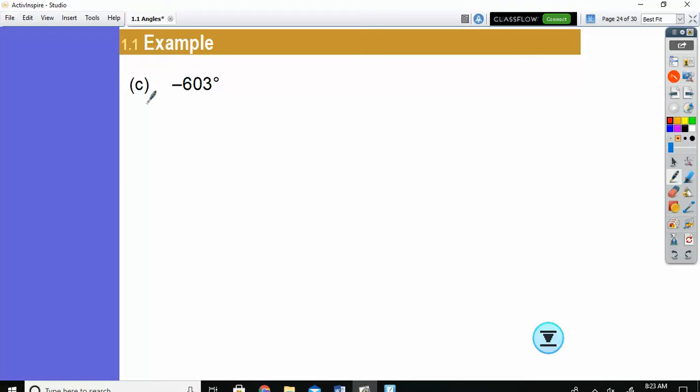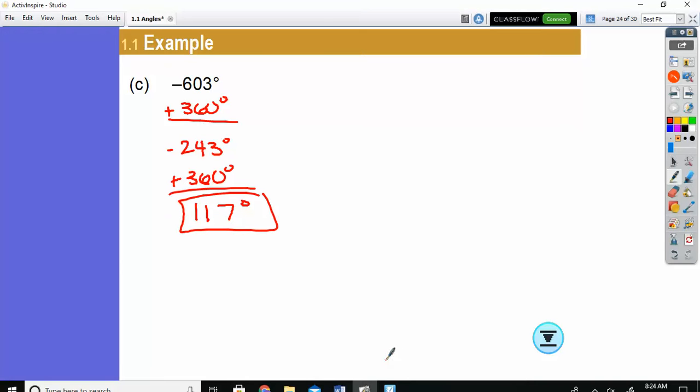Okay. Yeah, so you have to add 360, so negative 603 plus 360 gives us negative 243. Still negative, so you have to add 360 a second time, and that gave you the 117. Okay. So you just dropped a negative all the way.